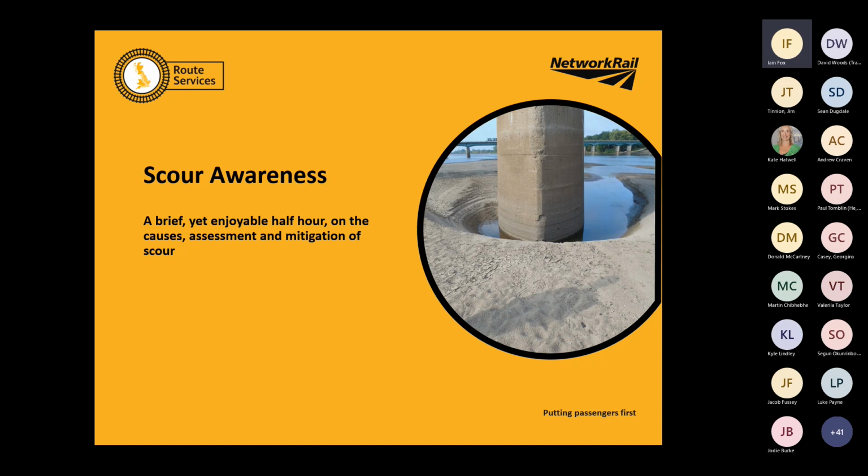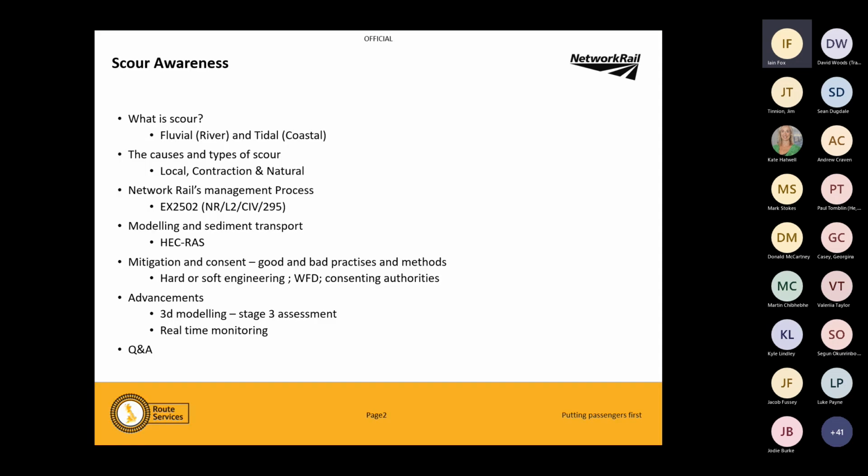We're going to have a look at what it is. There are two main types: river scour, or fluvial scour as we call it, just to complicate things, or tidal scour, obviously coastal erosion, which we've all heard of. We'll look at the causes, three causes of it, two of which we can do something about. The natural scour we can't really do anything about, but we'll talk about it. We'll look at Network Rail's management process.